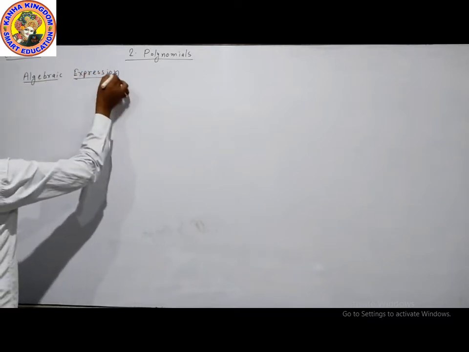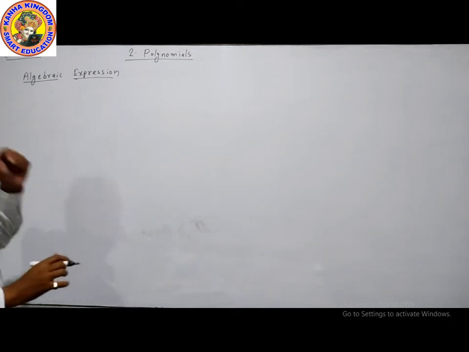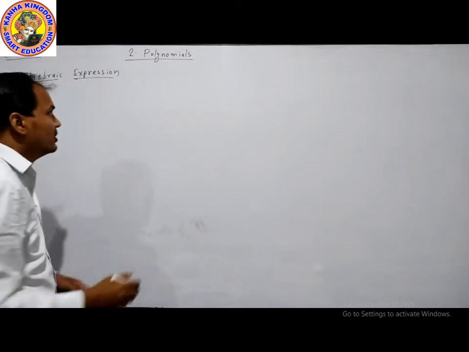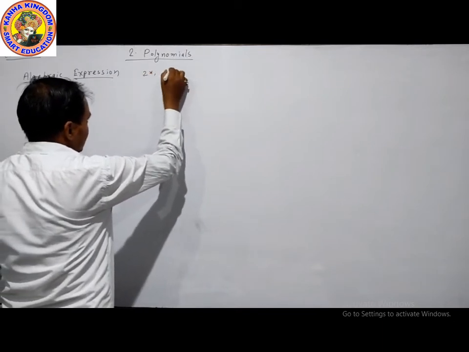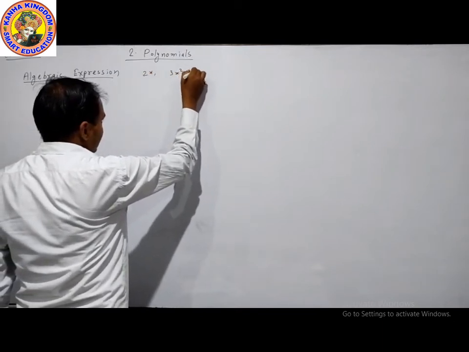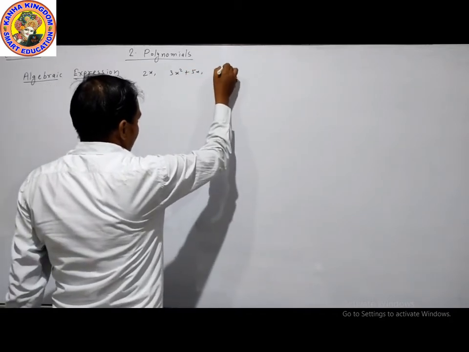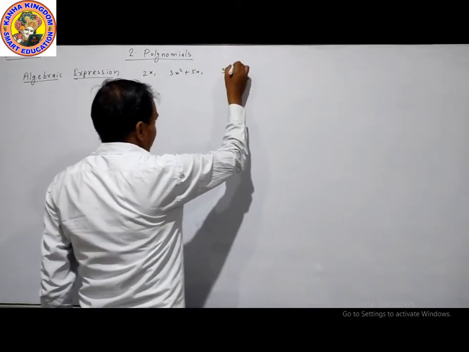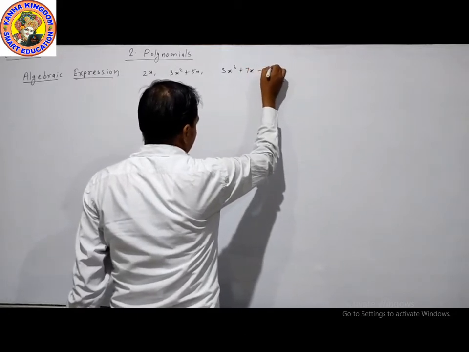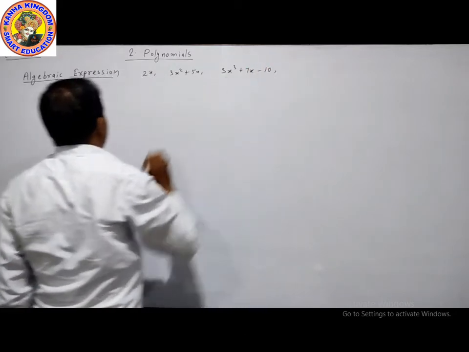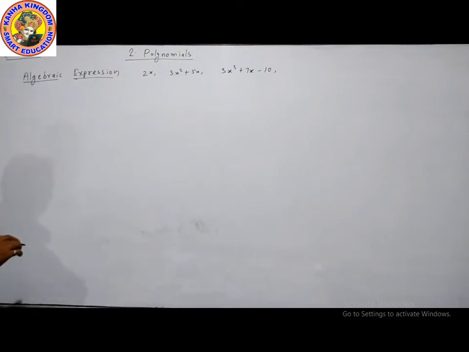What is the algebraic expression and what is the algebraic equation? If I denote 2x, 3x square plus 5x, 3x cube plus 7x minus 10, these are our algebraic expressions.